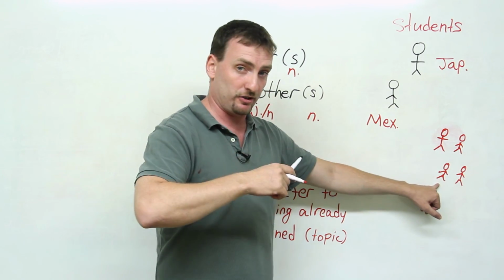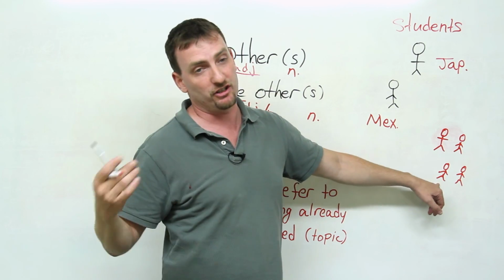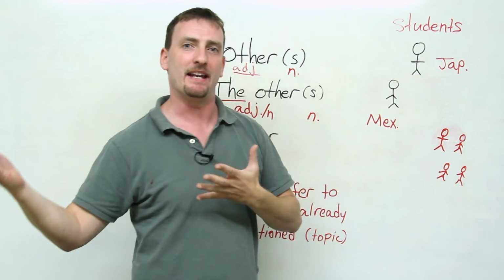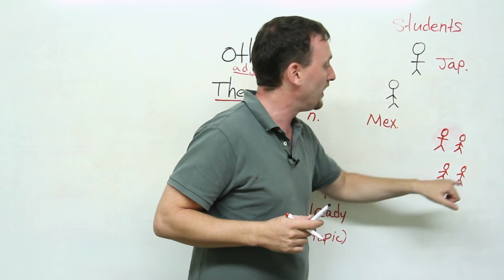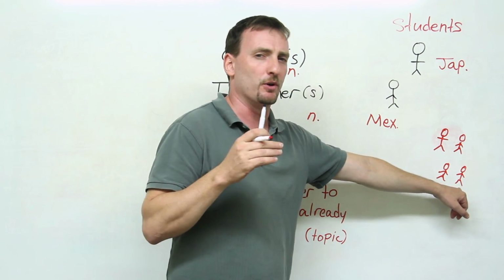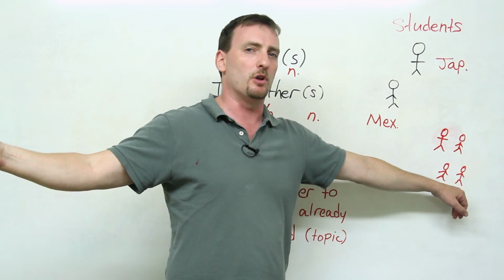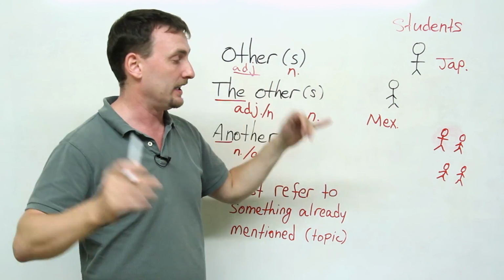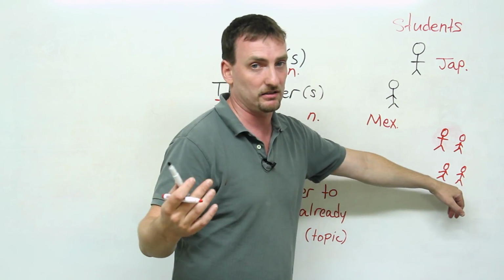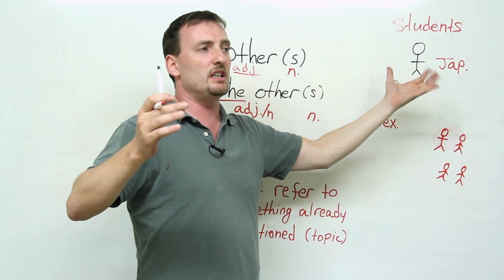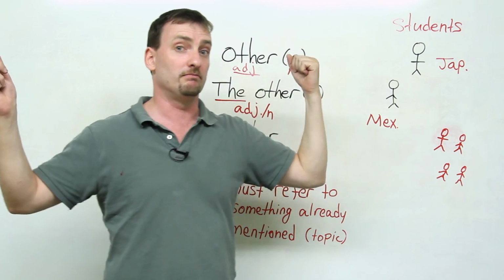I could say another student again, or I could say a third student is, let's say, Yemeni. I had a Yemeni student not too long ago. And the last student, now here you notice I'm not using other anymore. When your list becomes too long, you don't want to use other, another, the other, too many. So here I would say the last, because this is the last person I'm speaking about. He or she is from Germany.